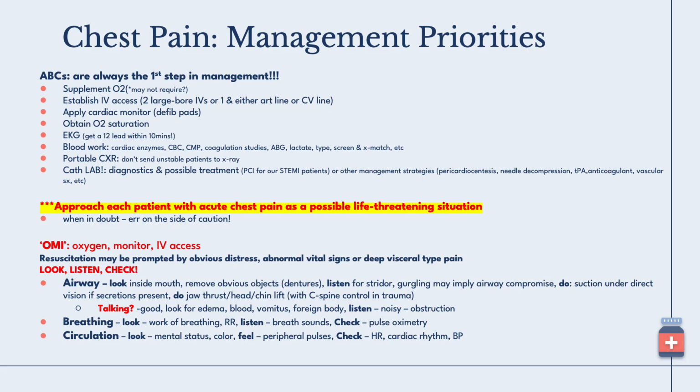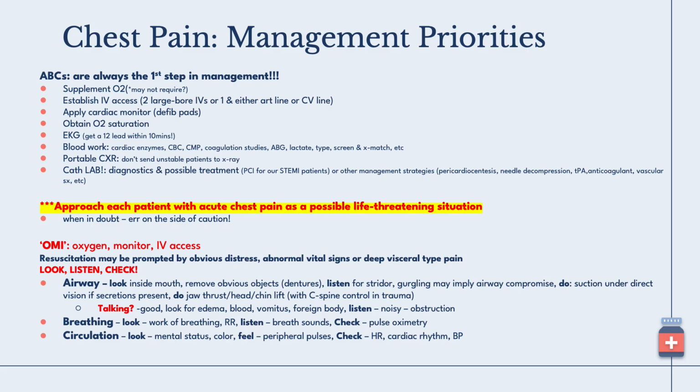So approach each patient with chest pain as a possible life-threatening situation. I repeat, approach each patient with acute chest pain as a possible life-threatening situation. And if you have any doubt, it's important to err on the side of caution.